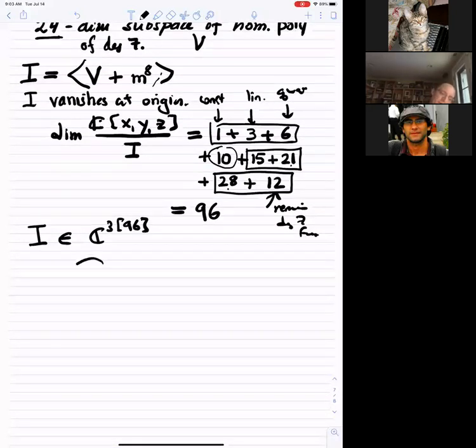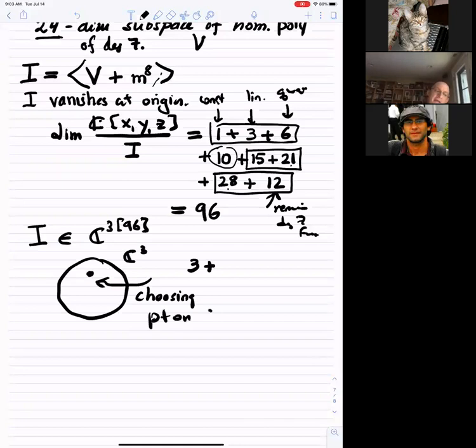First I had my C3, and I needed to choose a point on C3, right? So there's a 3-dimensional choice for the point. And then the other thing that it depends on is this 24-dimensional vector space, right?